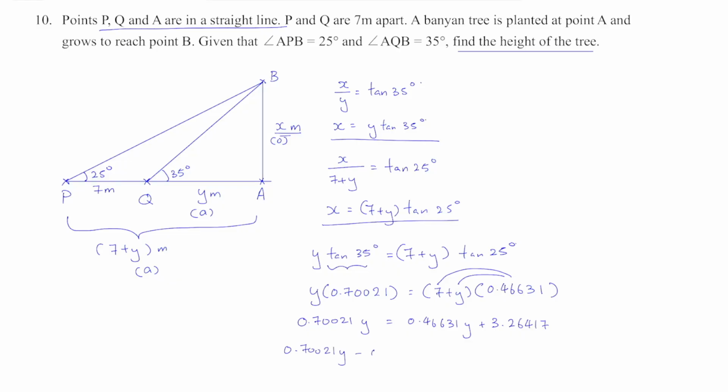So 0.70021y minus 0.46631y equals to 3.26417. Then 0.70021 minus 0.46631 equals to 0.2339. Y equals to 3.26417.